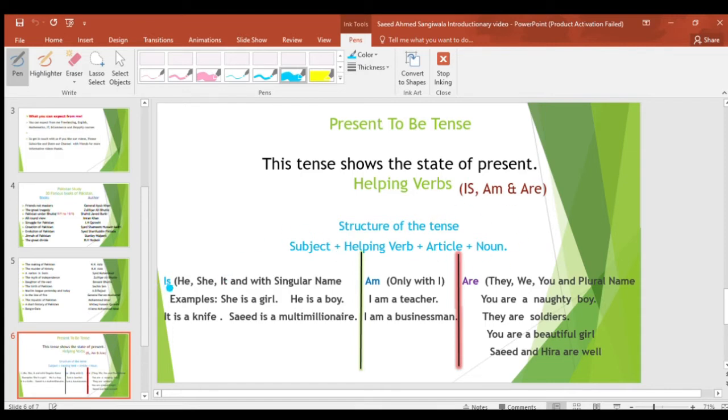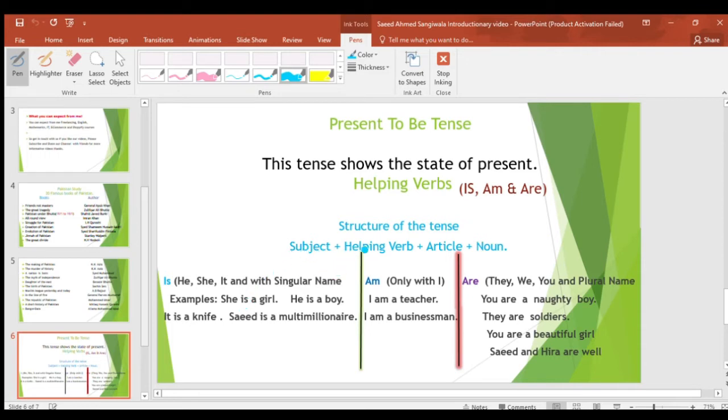So, is is used with singular subjects: he, she, it, and with a singular name. Examples: She is a girl. She is a subject.